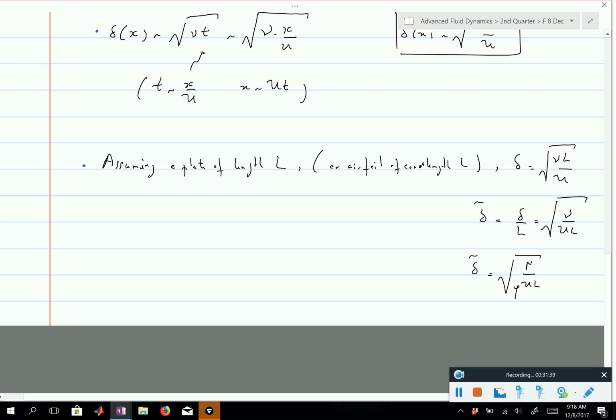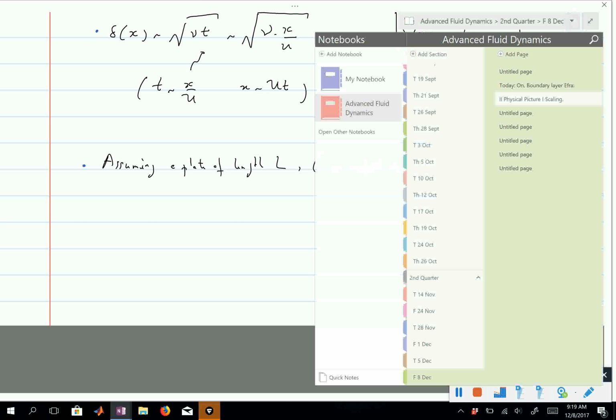That is the typical scaling for your boundary layer thickness. And that is just physical scaling. It doesn't tell you anything about what the flow really is, but physically this is how you expect your boundary layer to scale.